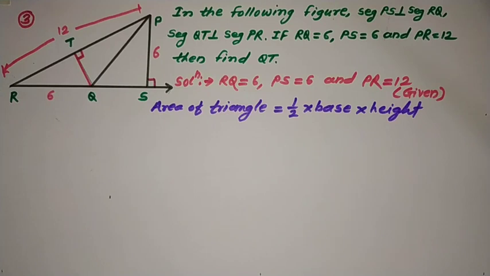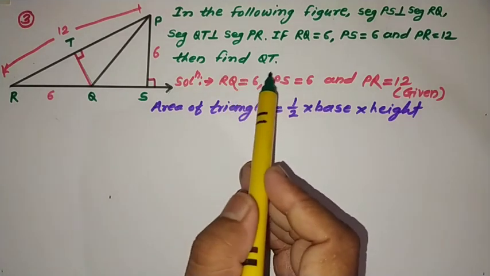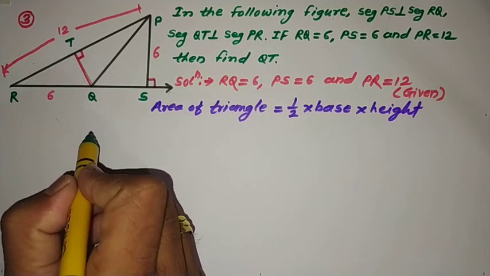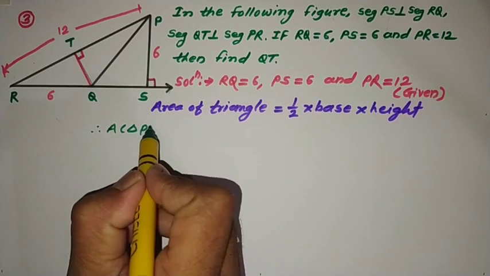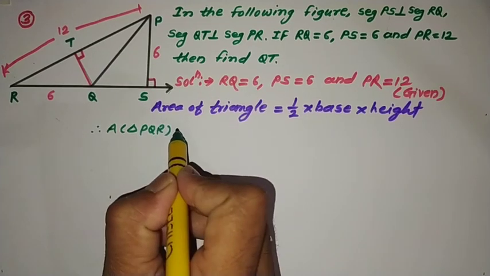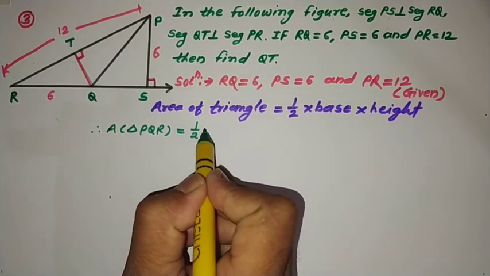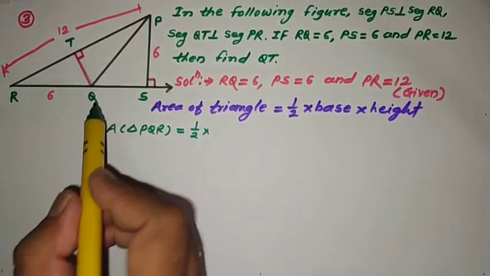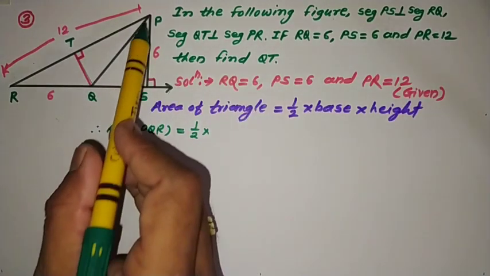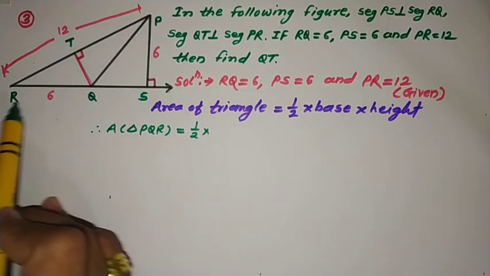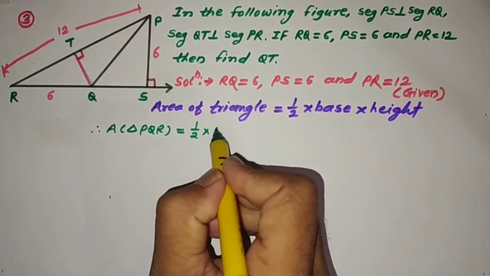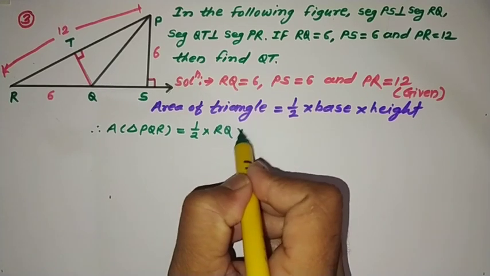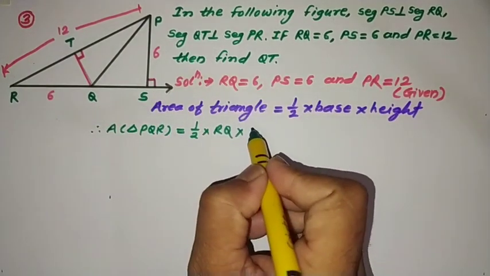First find the area of triangle PQR and then find the value of QT. Therefore, area of triangle PQR is equal to 1/2 into base into height.